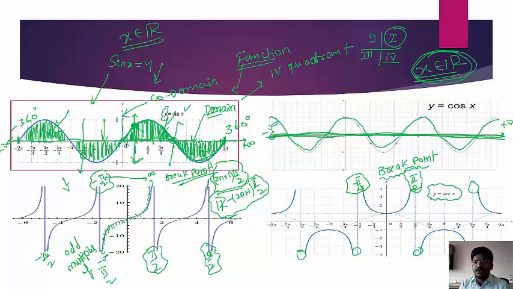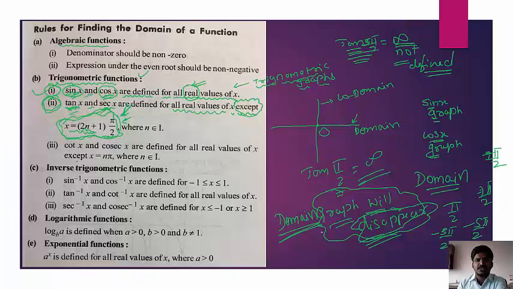Okay, so this is pi by 2, this is plus 3 pi by 2, and this is minus 3 pi by 2. So at odd multiples of pi by 2, the tan x and the sec x are having breakpoints that we can see in the graph. From this you can conclude that the domain of tan x and sec x is defined for all real numbers minus 2n plus 1 pi by 2, odd multiples of pi by 2.